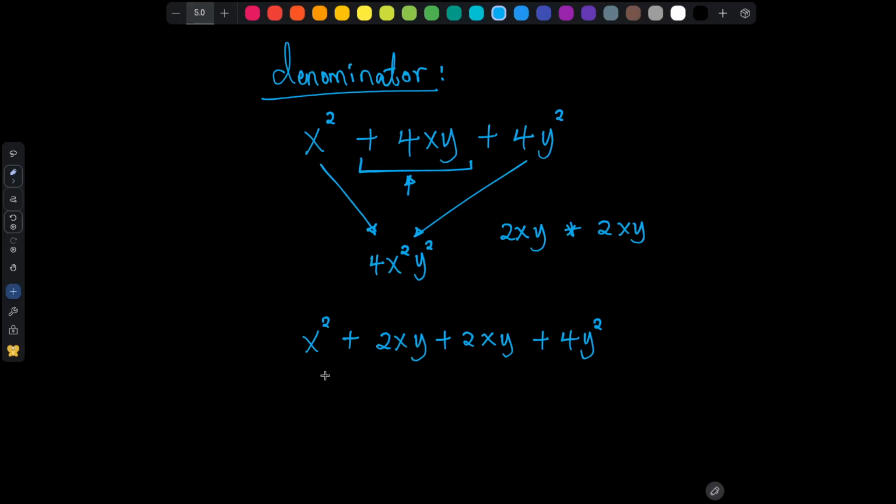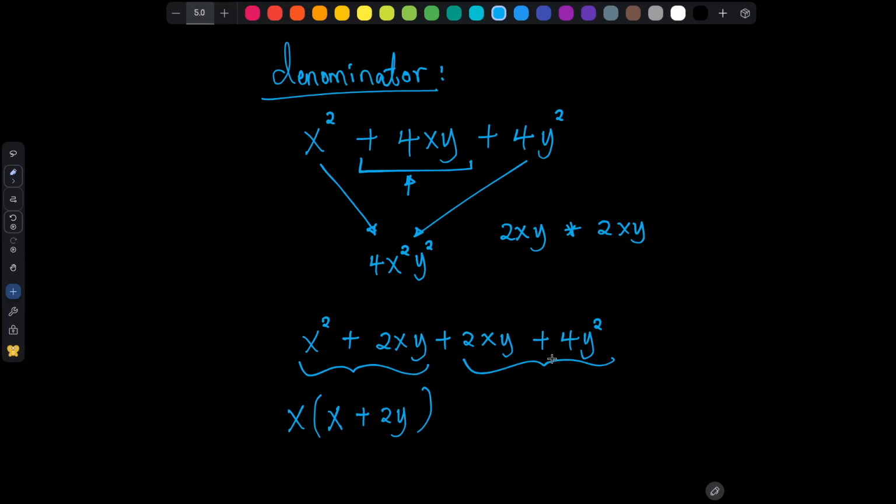Let's take these terms in pairs. The first pair is this, and the second pair is this. In the first pair, the common factor is x. We factor that out, and x squared divided by x leaves us with x. Positive 2xy divided by x leaves us with positive 2y.